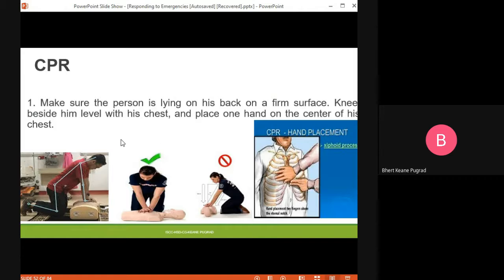You need also to kneel beside him at the level of the patient's chest, and place one hand on the center of his chest. Take note, ang position in delivering chest compression is also crucial. In order for us to deliver effective compression, dapat tama yung position natin.